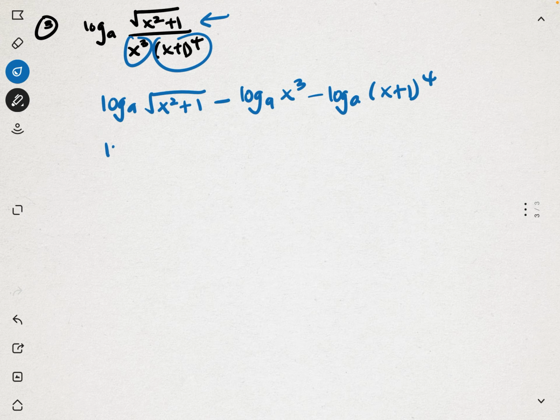Okay, if you need this next step, we're going to convert this square root again, right? So log base a, we're putting in parentheses the inside, x squared plus 1, and then it's going to be power 1, right?